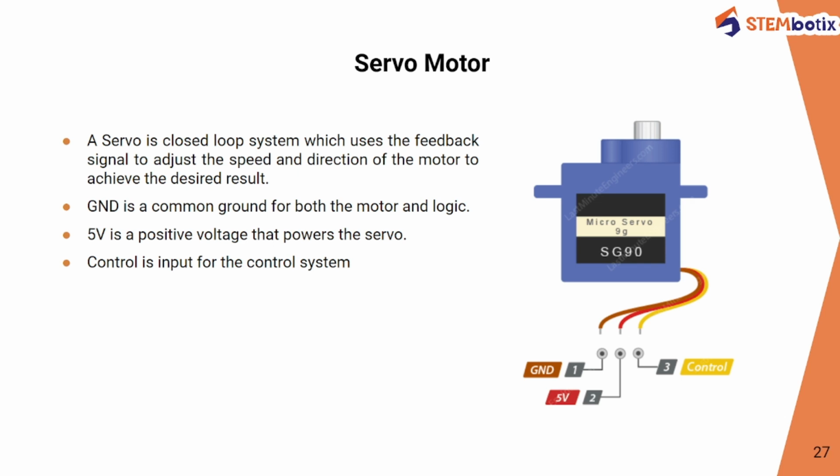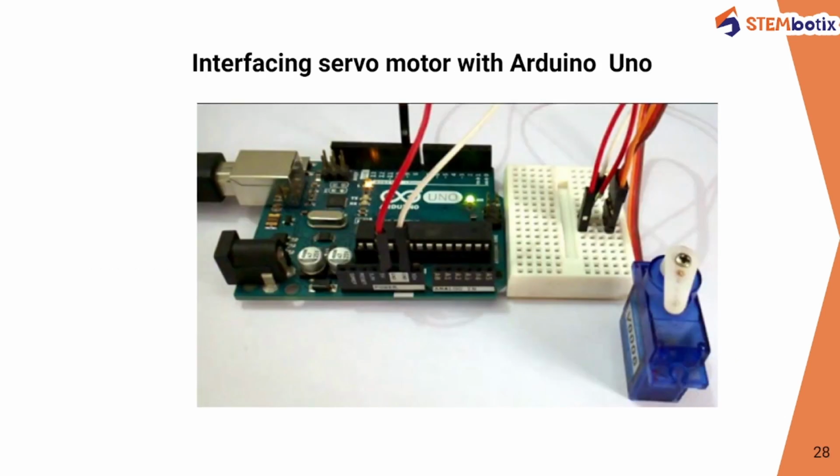The control circuit then decodes the signal and compares it with the desired position before it controls the motor's rotation precisely to achieve the desired position and give you the desired result. So this was the basic of servo motor.